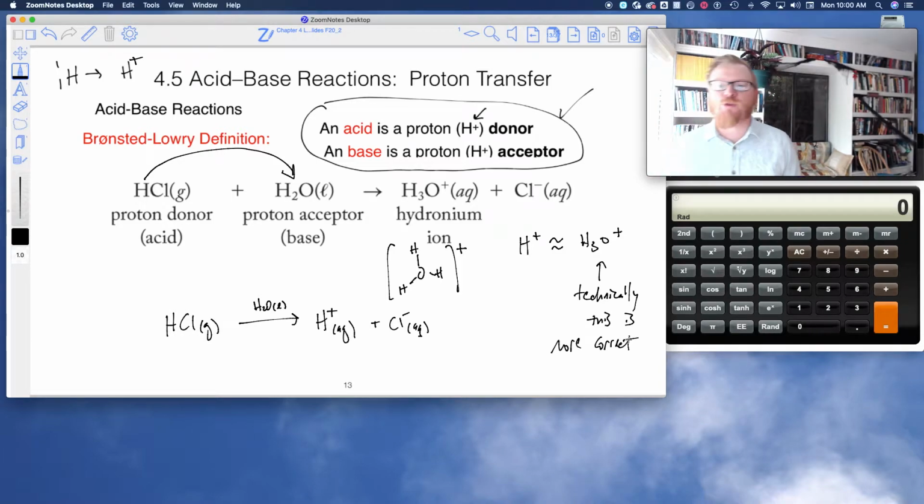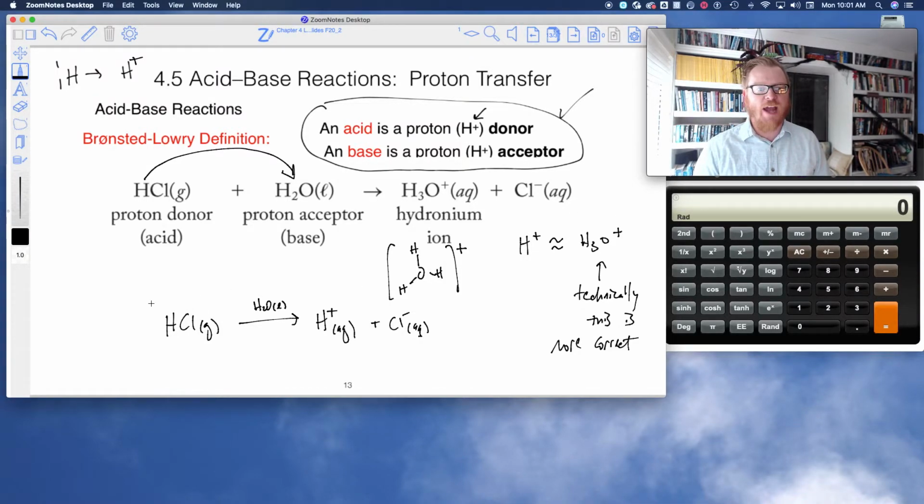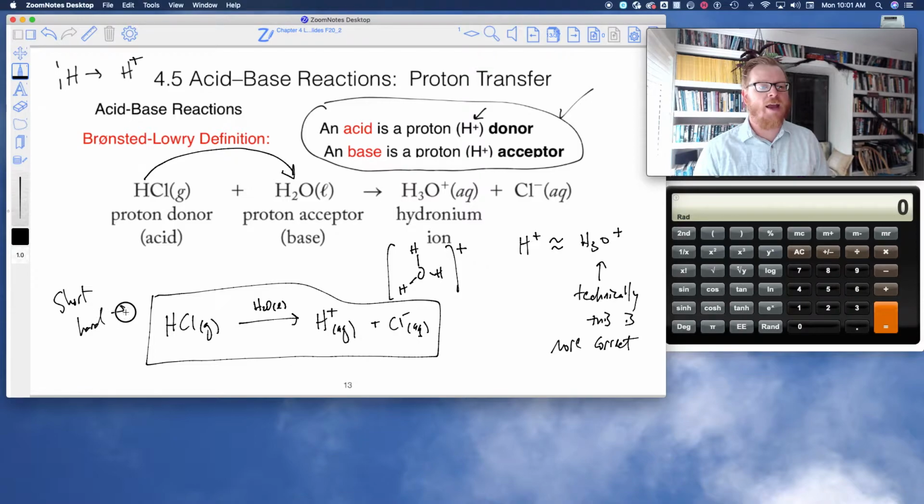It's not just a bunch of free protons floating around, because when water is present, water will absorb those protons because water is a proton acceptor. It's a base, okay? But when we write chemical reactions, generally it's okay to say H plus is the same as H3O plus. So this reaction is a shorthand way of writing this reaction, okay?